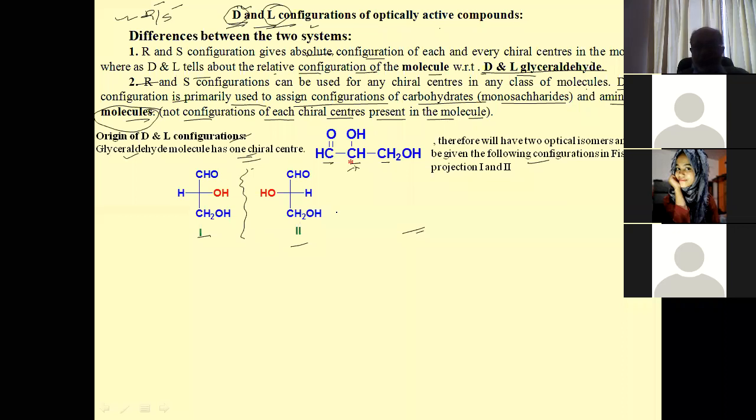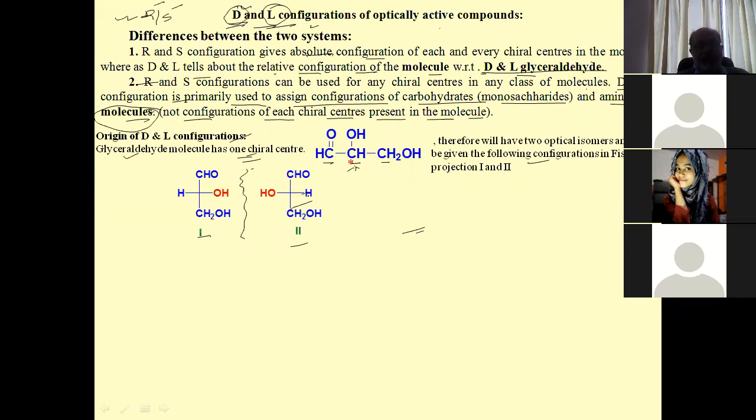Now, actually, there was a lot of controversy when glyceraldehyde was first found to have 2 isomers, one dextro, one levo. But nothing was available to investigate the configuration experimentally, meaning the arrangement of atoms.